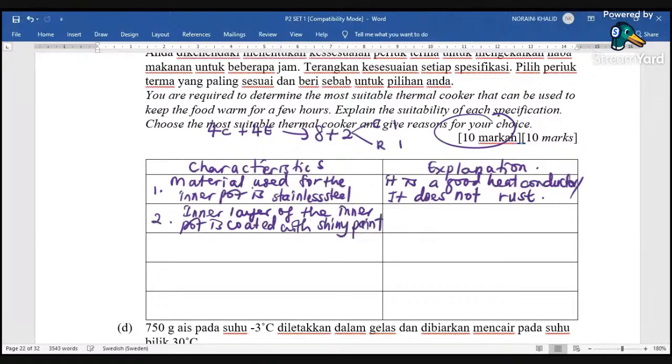Okay, so the reason: the heat is reflected and absorbed by the food.